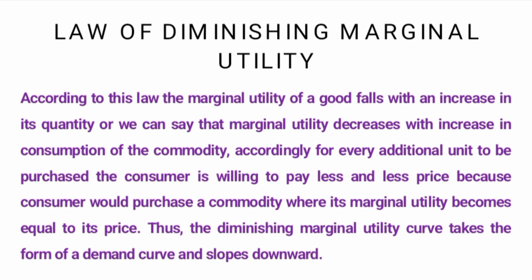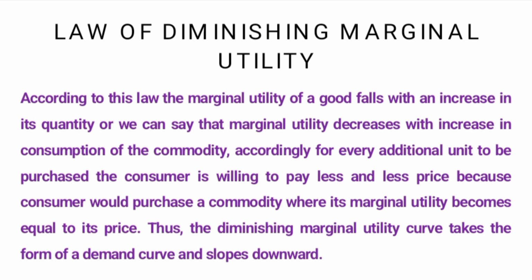Simple thing. According to the law, the marginal utility of a good falls with an increase in its quantity. Accordingly, for every additional unit to be purchased, the consumer is willing to pay less, because with each additional unit your satisfaction level will decrease.